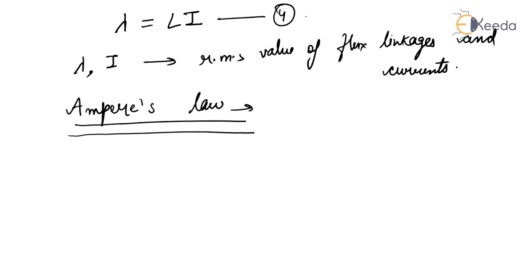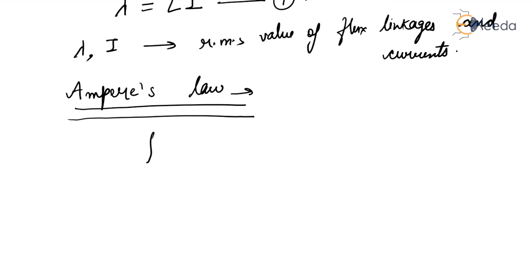Now making use of Ampere's law, which relates magnetic field intensity H to the current I, we know that the loop integral of H dot dl is equal to I. This is equation number 5.